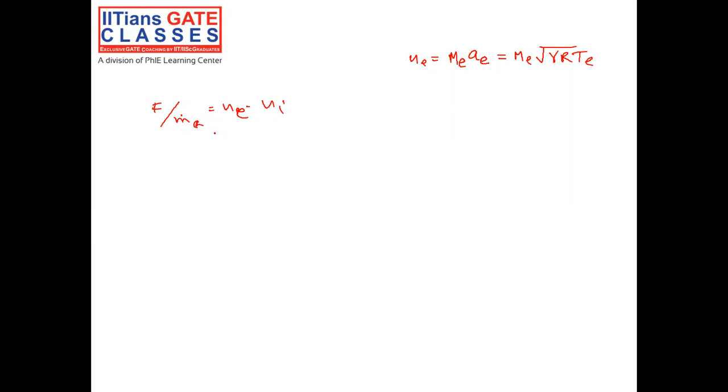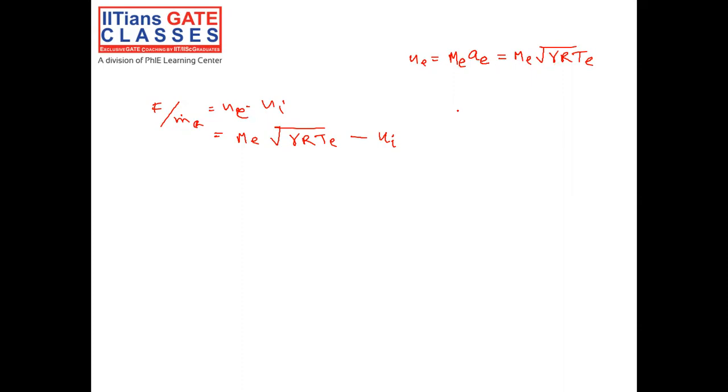So substituting that in this equation gives Me root over gamma R Te minus ui. Now this ui is the velocity of the flow at the entry of the engine.